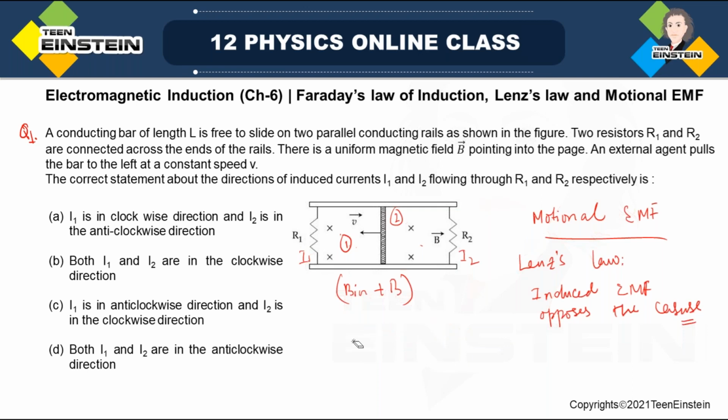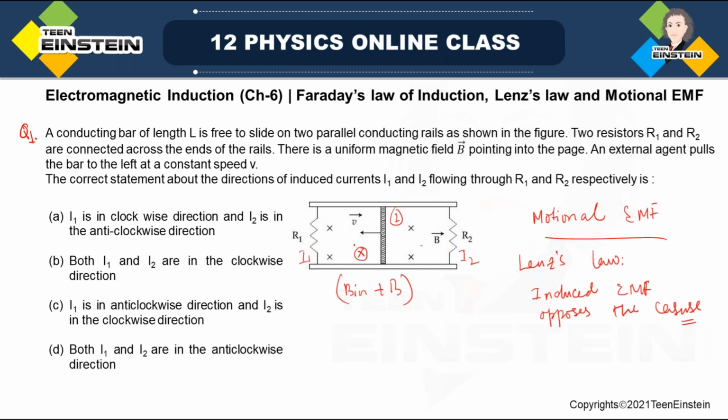I hope you are understanding. If you apply the right hand rule, the induced current should produce a field which is also into the plane of the paper. Because the flux is reducing as this bar goes to the left, the area gets reduced, and since the area gets reduced, the flux is reduced.